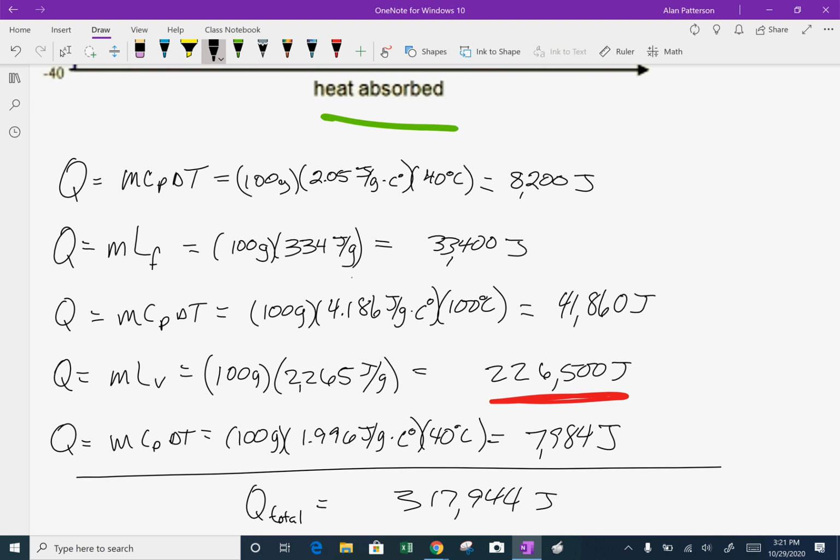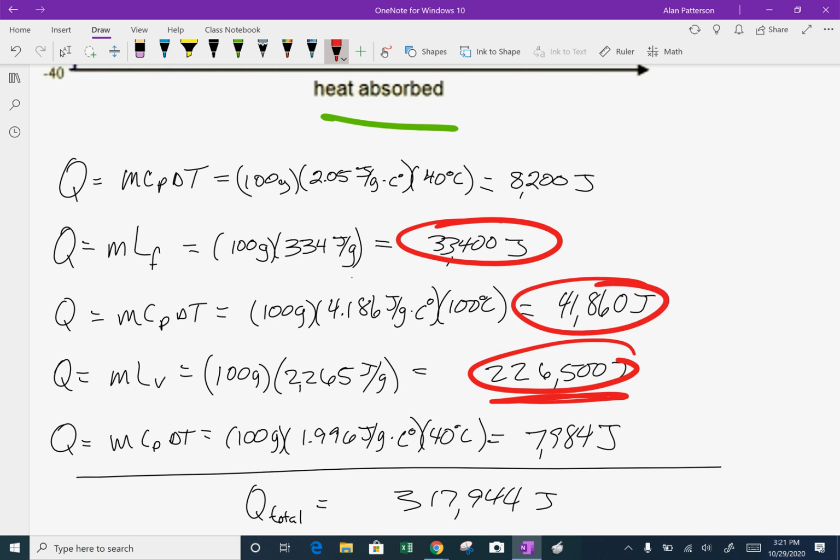Okay, but notice the biggest changes. Where are the biggest changes? Well, we got a big change there, there, and there. Okay, these ones on the end, not so much because we're not changing temperature a whole lot. Here we change, delta T is 100 degrees. Here, delta T equals 0.